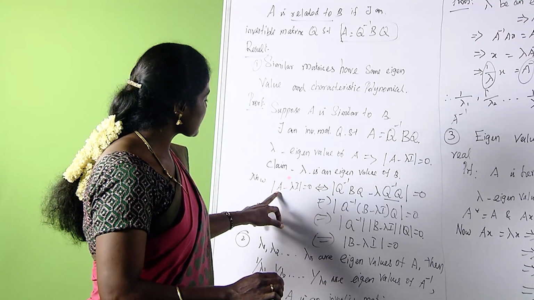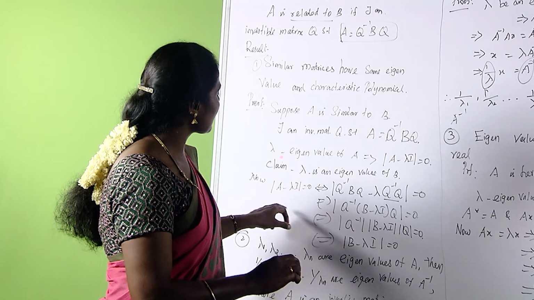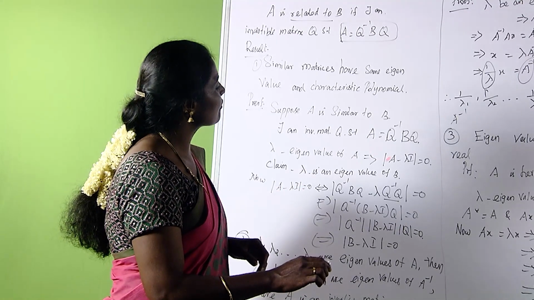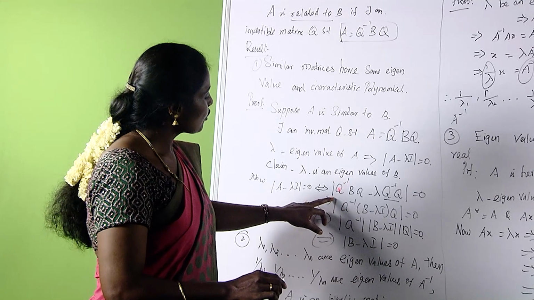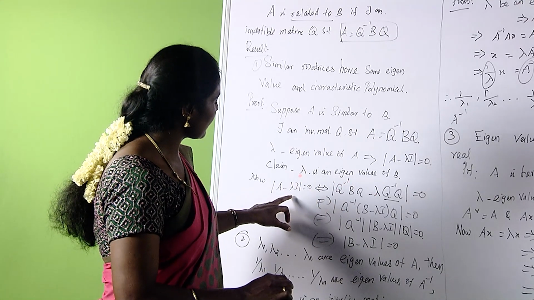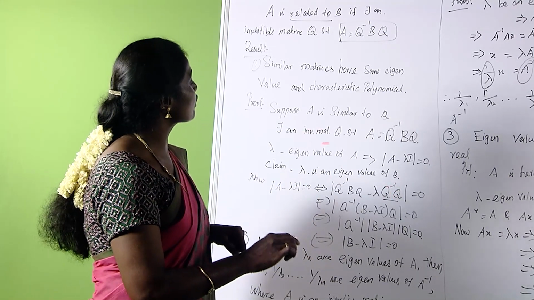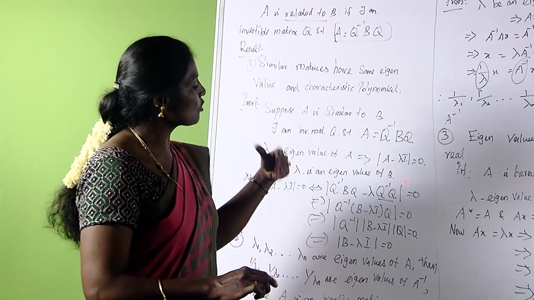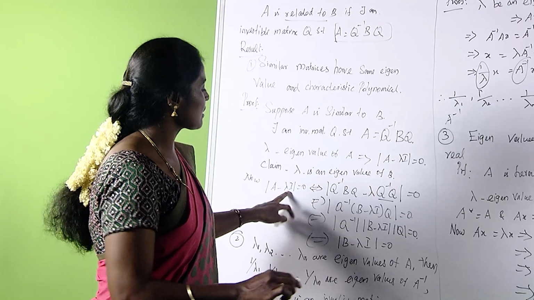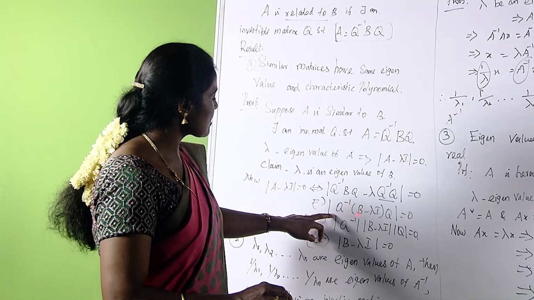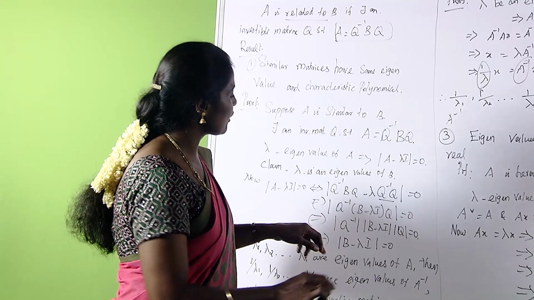Now, here instead of A we can supply Q inverse B Q. Since lambda is an eigenvalue of A, the determinant of Q inverse B Q minus lambda, instead of I we can supply Q inverse Q. Since Q is an invertible matrix, Q inverse Q is an identity matrix. So, instead of I we can write Q inverse Q. Now, in the determinant we can take Q inverse outside, and B minus lambda, and Q common.